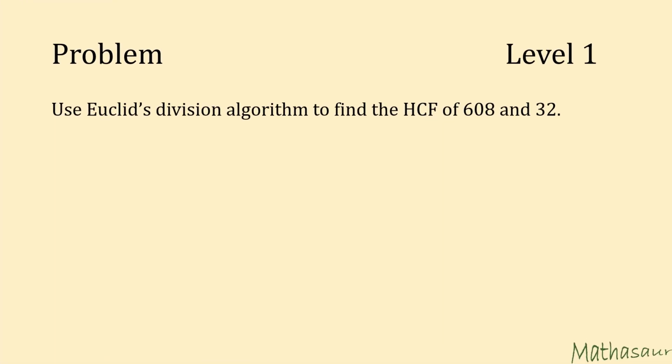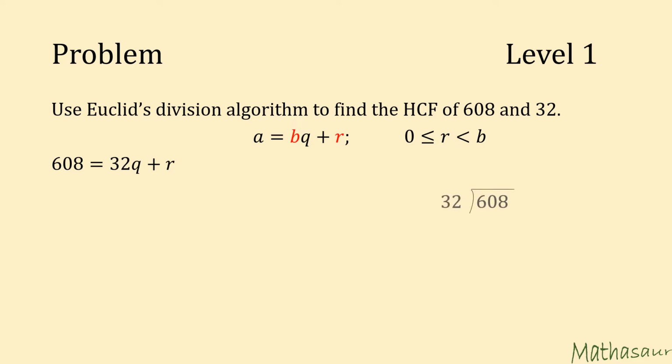So let us look at the first problem. Use Euclid's division algorithm to find the HCF of 608 and 32. Let us see how to apply this. So let us write Euclid's division algorithm as A is equal to BQ plus R. Now let us take the larger number as A and the smaller number as B. So we have to divide 608 by 32.